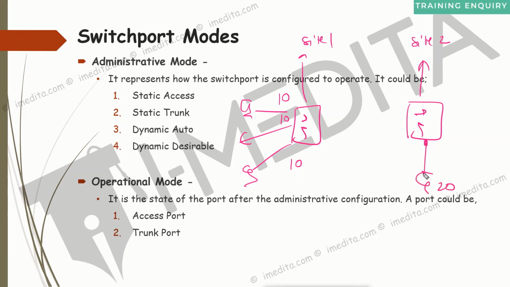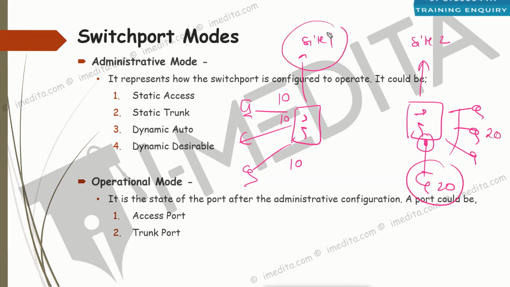There is a server in VLAN 20. This server is accessible to everyone in VLAN 20 in this site. And the users in VLAN 10 want to access the server in VLAN 20.